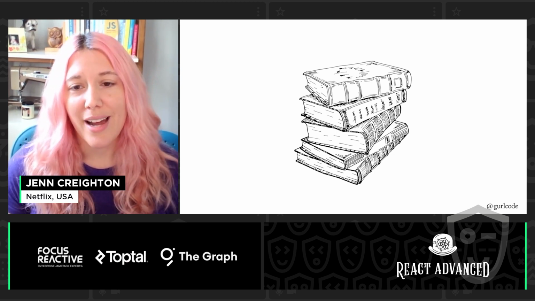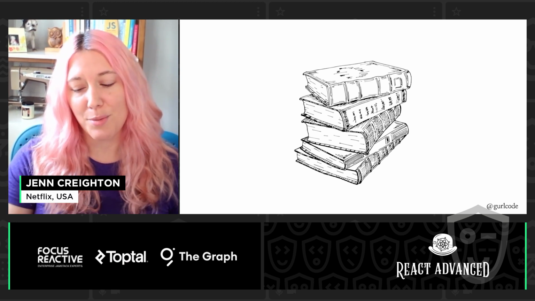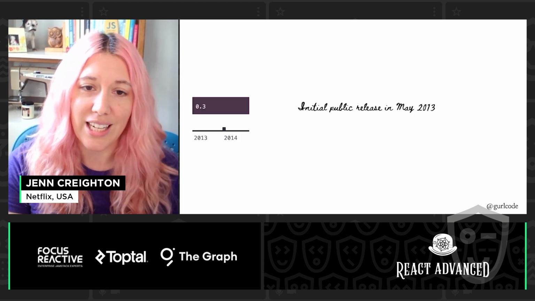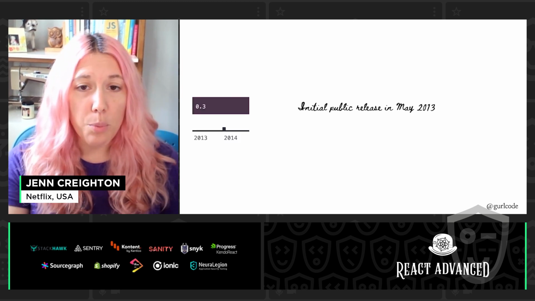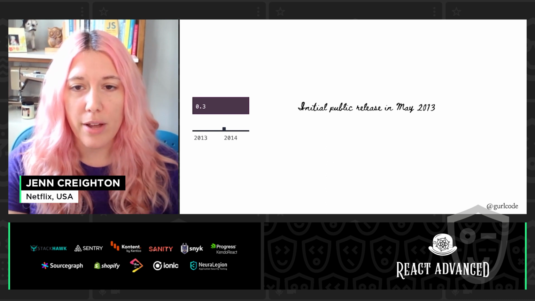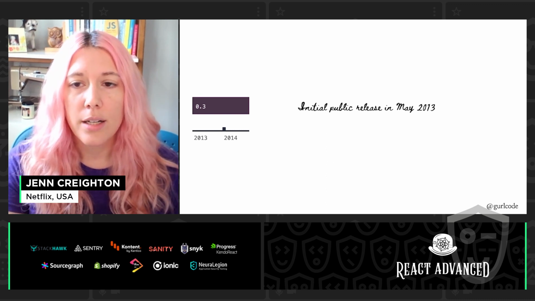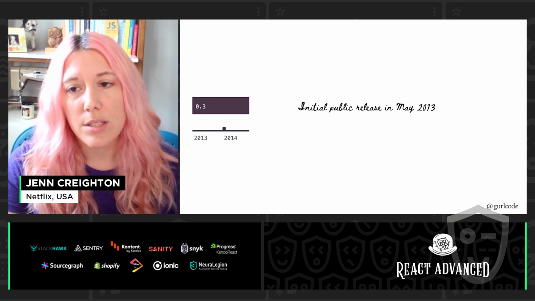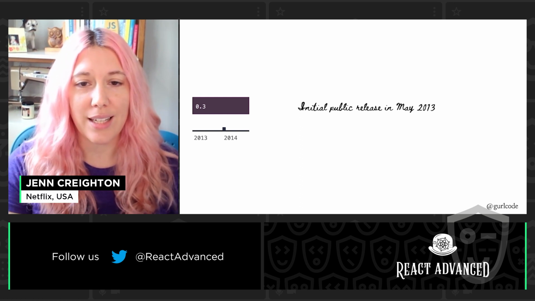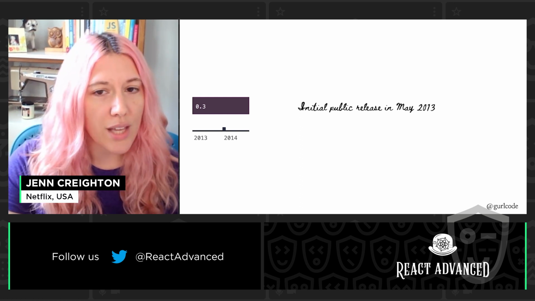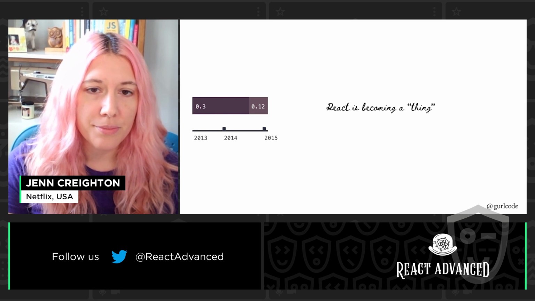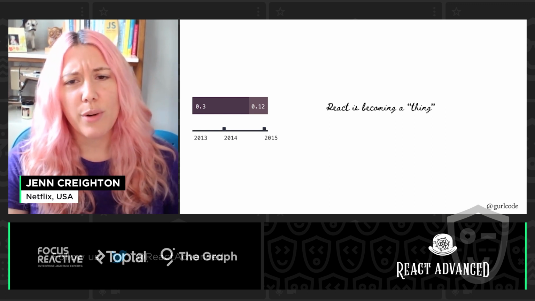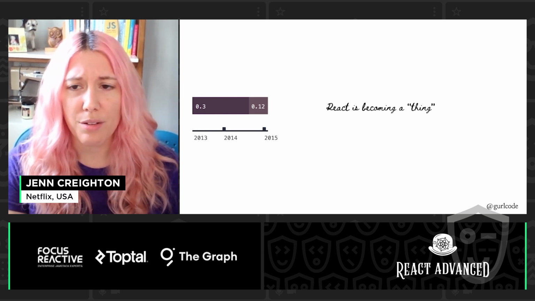I've been working with React since version .12, and that was released in late 2014. At that point, React had been publicly available for over a year. Its initial public release was in mid-2013, but I don't consider that our starting point. We're actually going to start to look at React components around version .12.